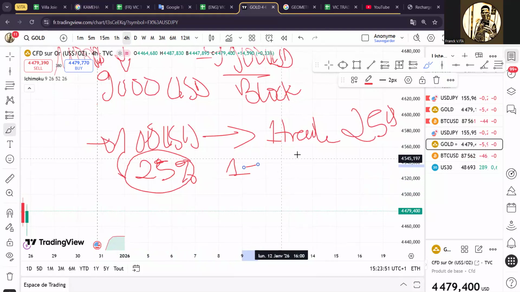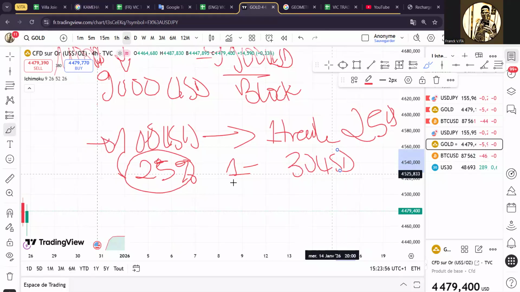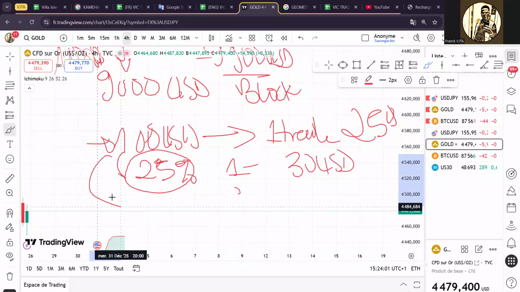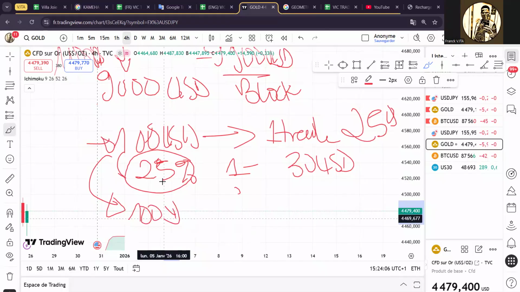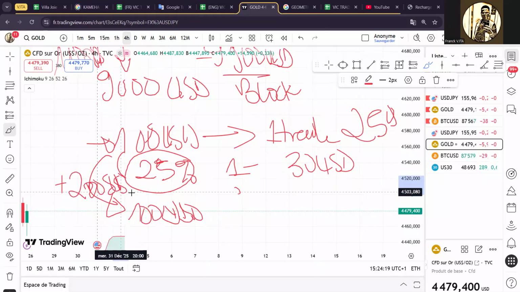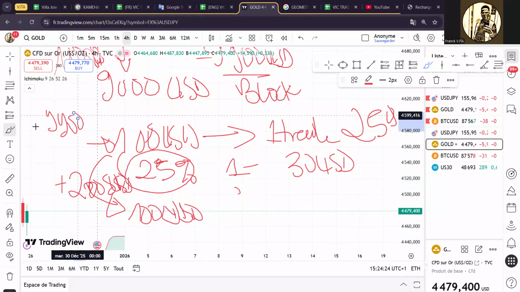As soon as I make $30, I will cut the trade. Next trade, I risk again. I will keep risking this $100 till I make another $100 out of it, so I increase the $100 plus another $100. Unless I make $200, my account stays blocked at 9,900.